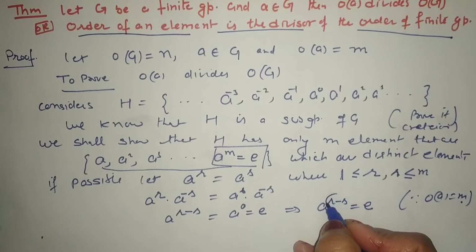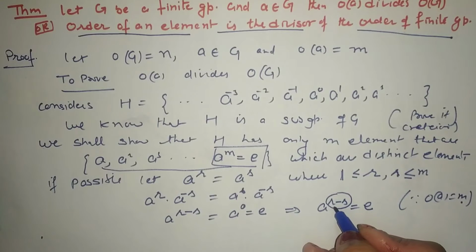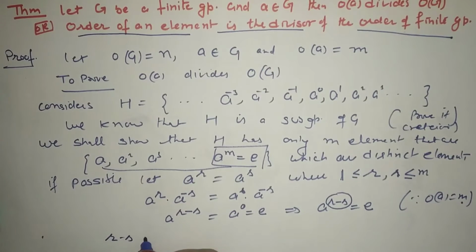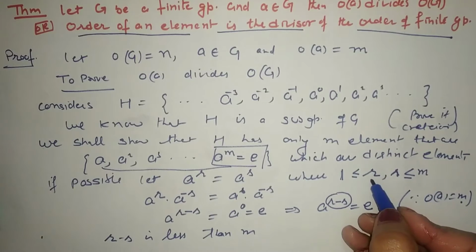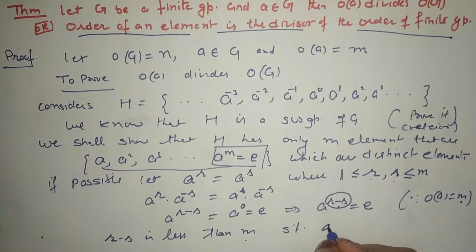So if we have some other integer, because this will also be an integer between 1 and m, so r minus s is less than m. Why is this less than m? Because r and s both are less than or equal to m, their difference will also be less than m, right? Such that A raised to power r minus s is identity.